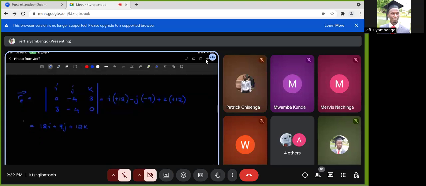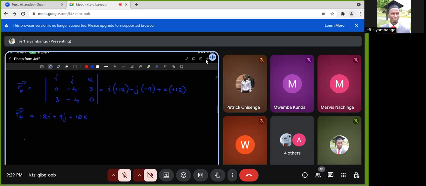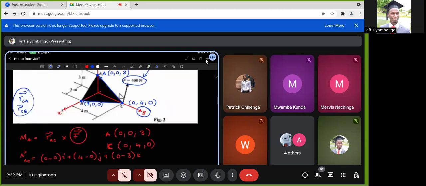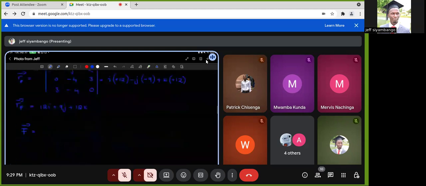Okay, so this vector now shares the direction that our force has. So now we can get the force in vector form. The force has magnitude of 400 newtons.